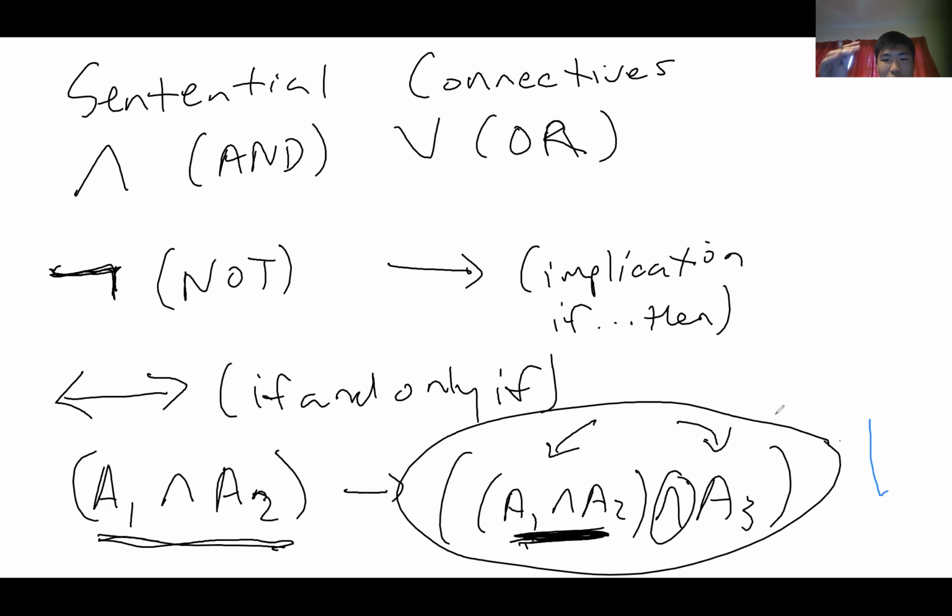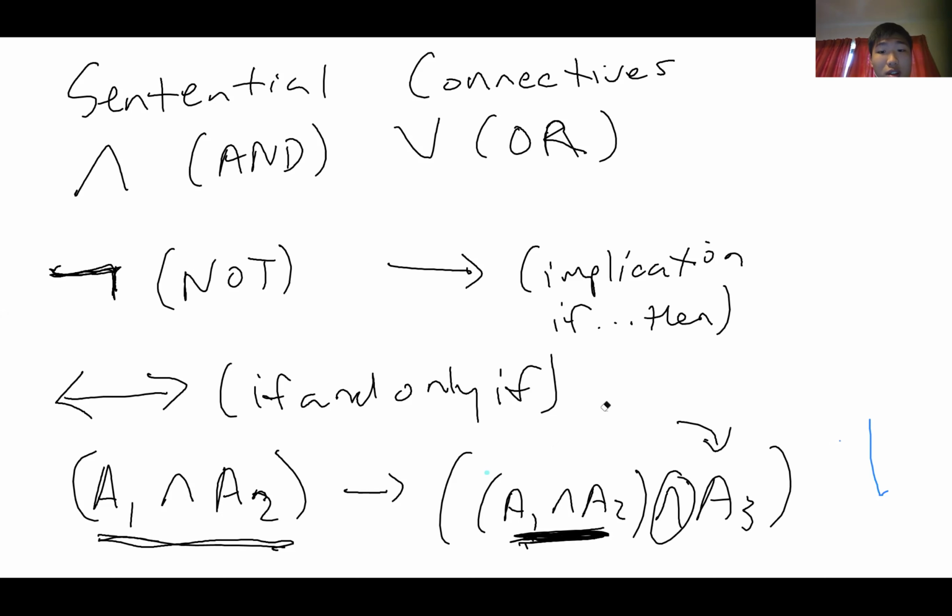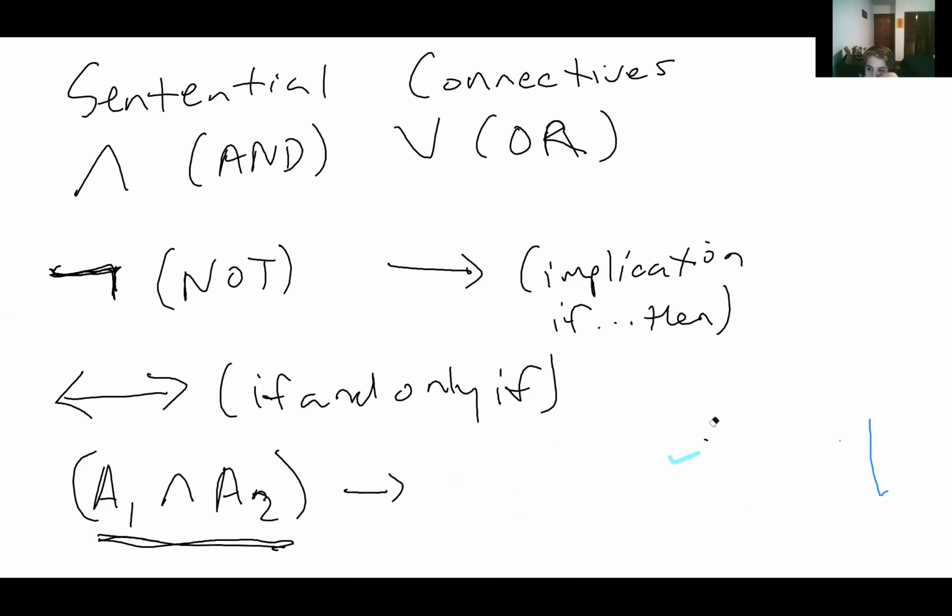So I can nest those statements with these connectives, and it works with the other ones too. Usually when you're programming, you probably won't see too many nested statements, but you're going to run into some, depending on how far you go, right? So that's one thing that can happen.